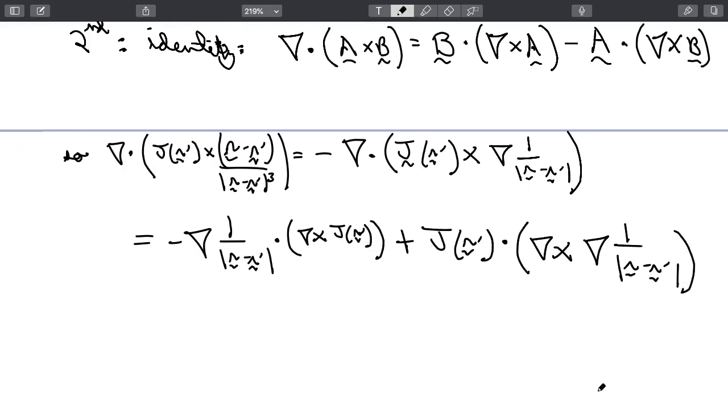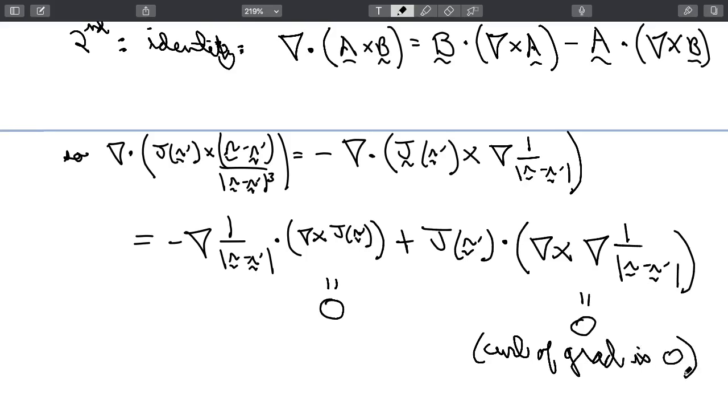That's when the ugliness becomes beautiful, because this first term is just 0, because I'm taking derivatives with respect to R of something that does not depend on R. It depends on R prime. And this other term is also equal to 0, because the curl of grad is 0.